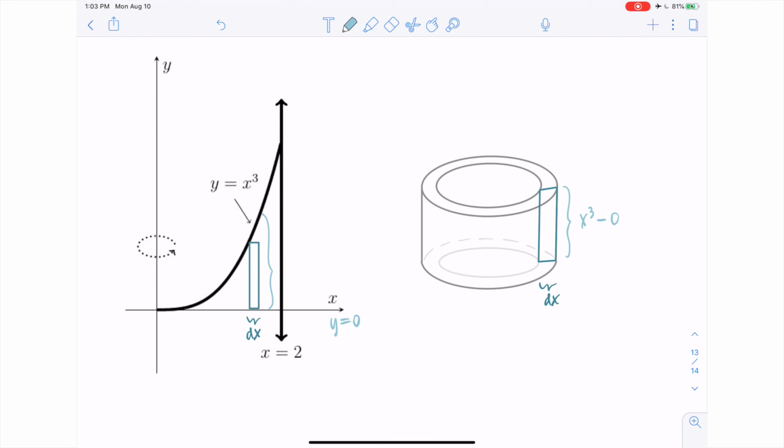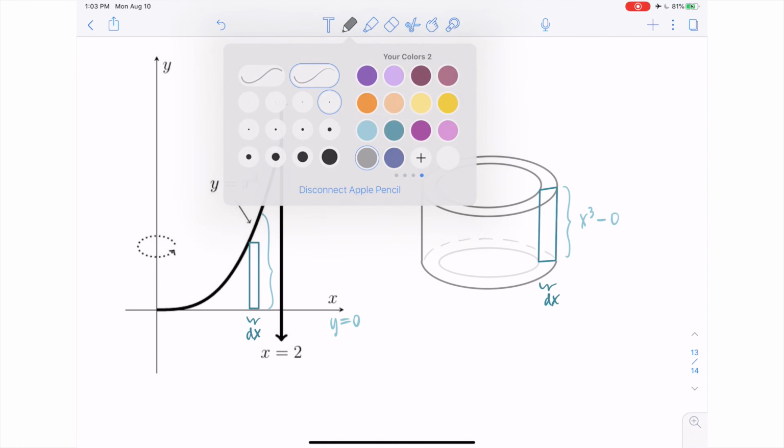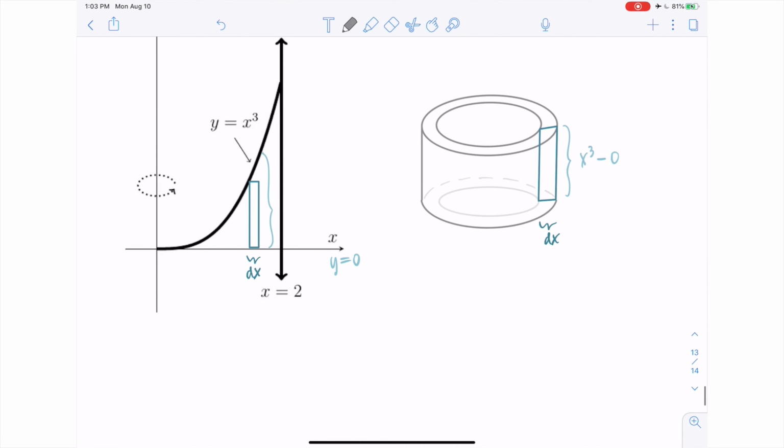To set up the volume using shells, we use our formula. Remember, we're thinking about unraveling this little shell and taking the volume of it. My x values go from 0 up to 2. Then we do 2 pi times the radius.